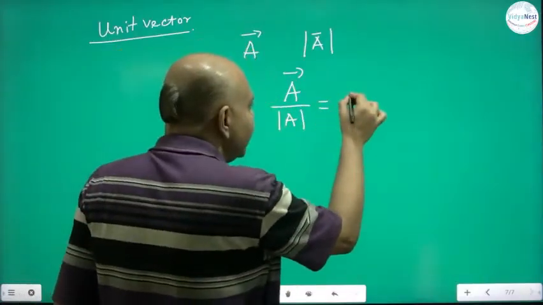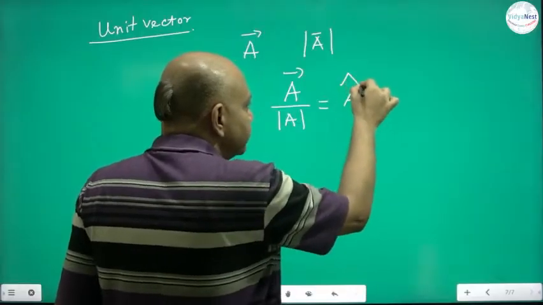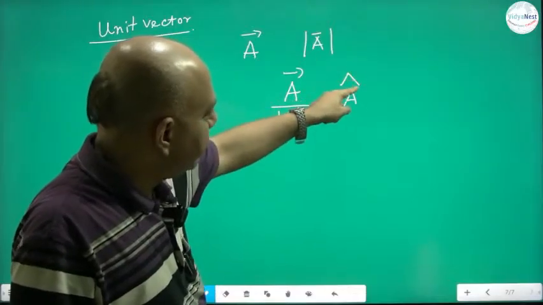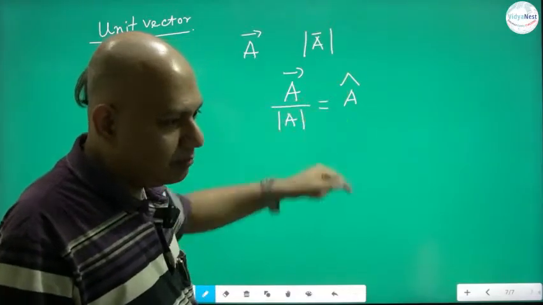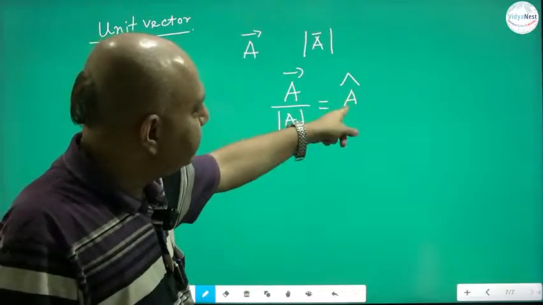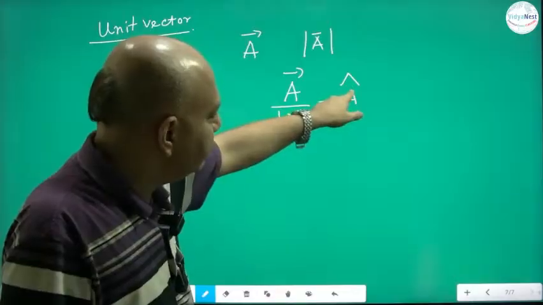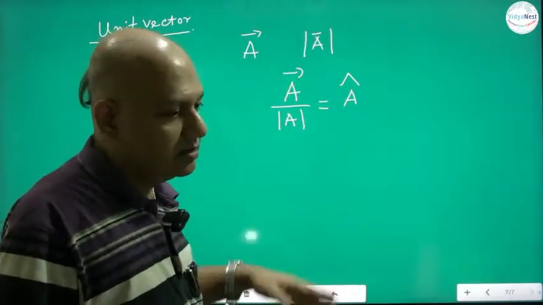It is written this way, A cap. Cap is like this, a pointed symbol. This A cap means it is a unit vector, and this unit vector is acting along A.